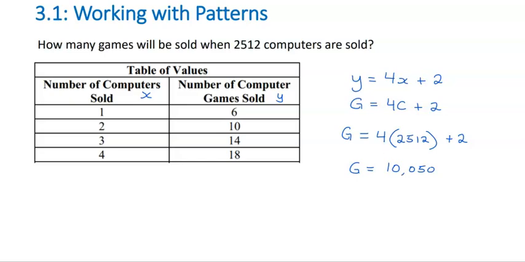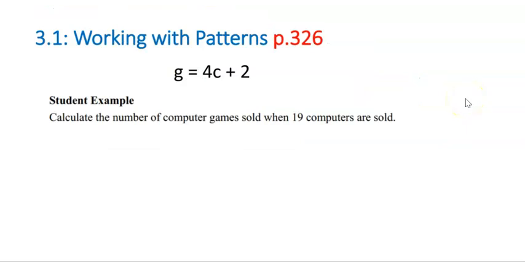So let's take a look at a couple more questions based on the equation that we created. The games is equal to 4 times the computers plus 2. This example says calculate the number of computer games sold when 19 computers are sold. Again, we don't know the games, but we can substitute.